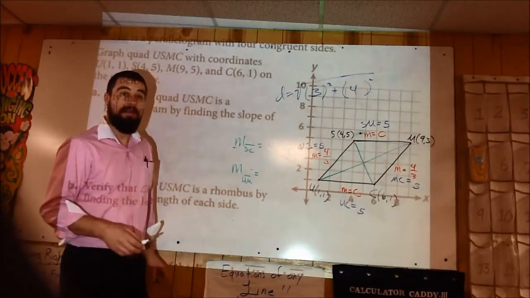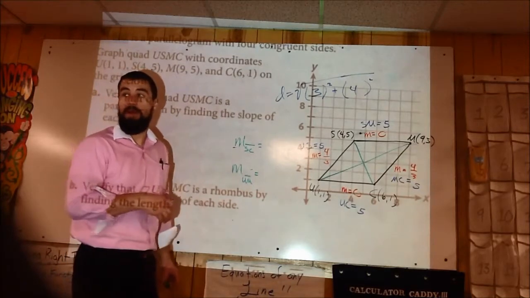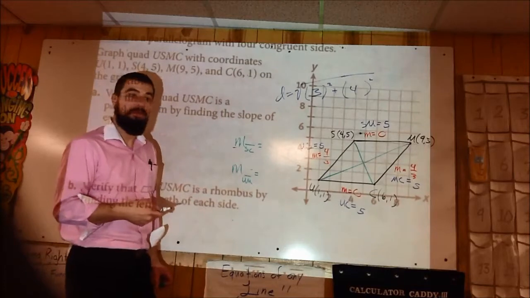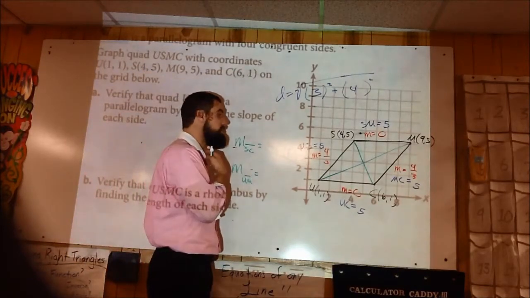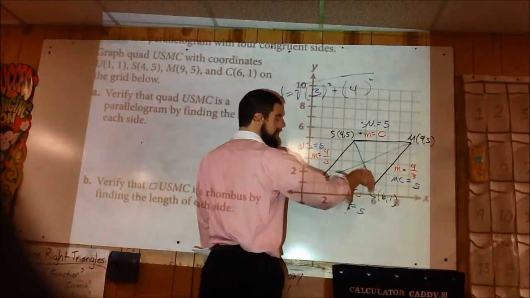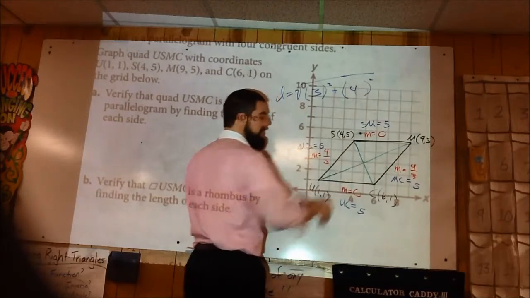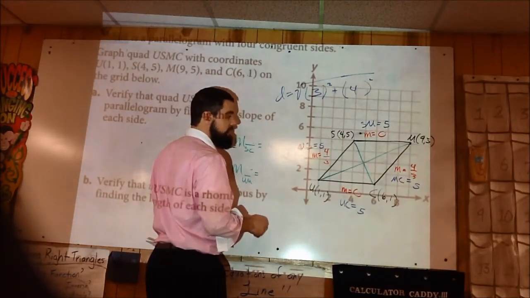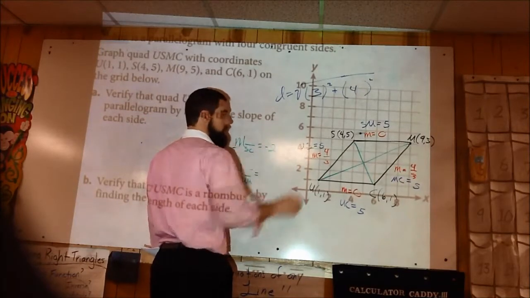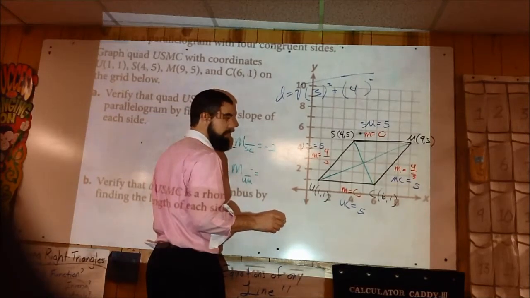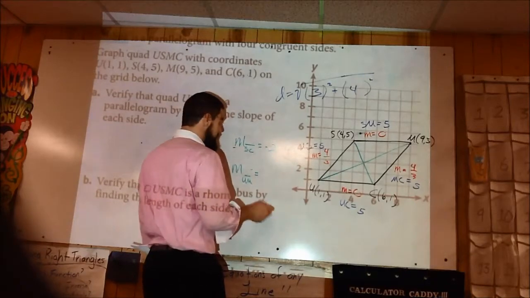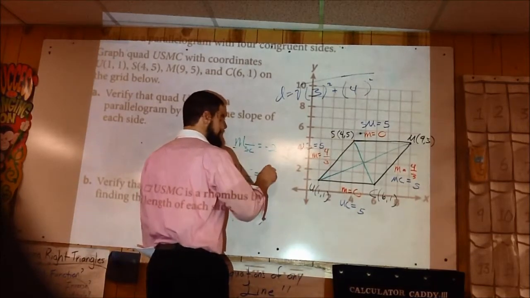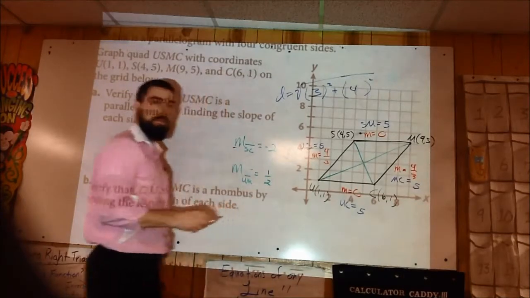Since you have it graphed, you can go back to old school Algebra 1 when you first learned what slope was. You just count it. It's graphed, so there's no fuss with the formula. So for segment SC, it's going to be -2. Is that correct? Yes. And then for segment UM, this guy right here, it's going to be +1/2.